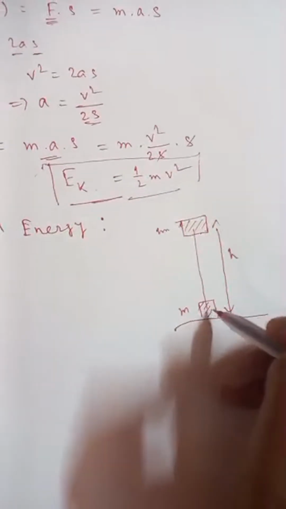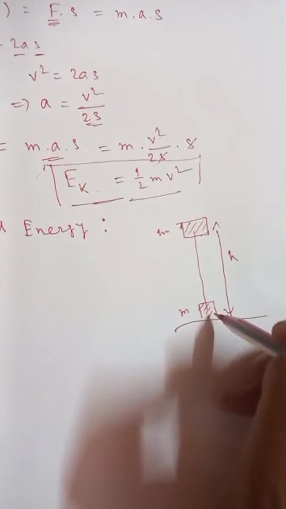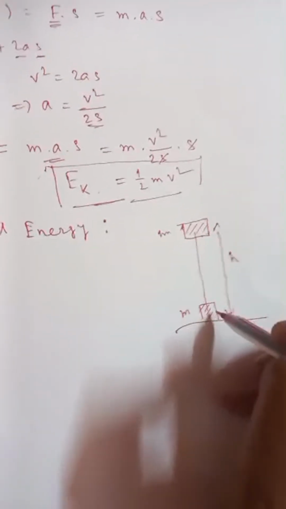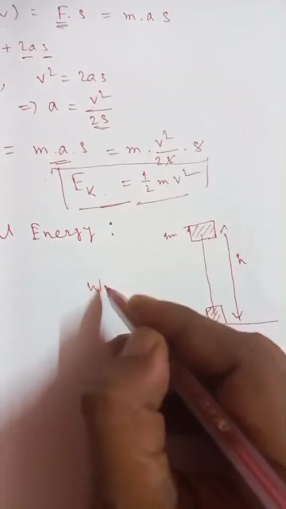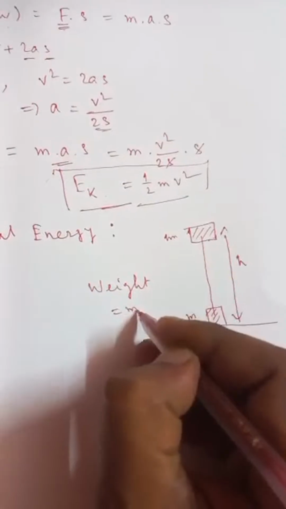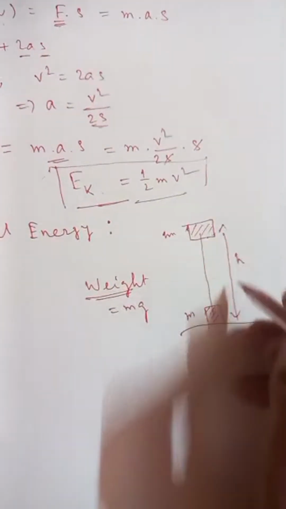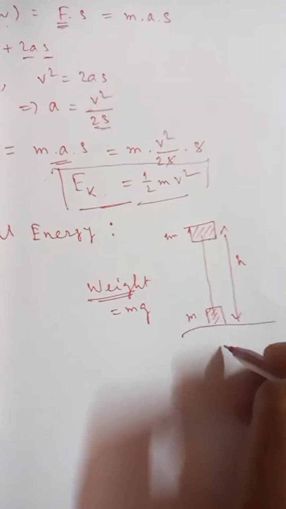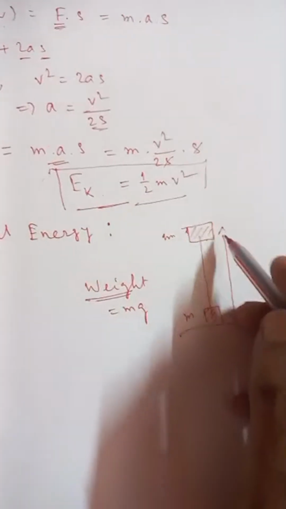So here the work done is against the weight of this object. Its weight is equal to mg, and by the definition of weight, this is a force which we need to overcome to reach this height.